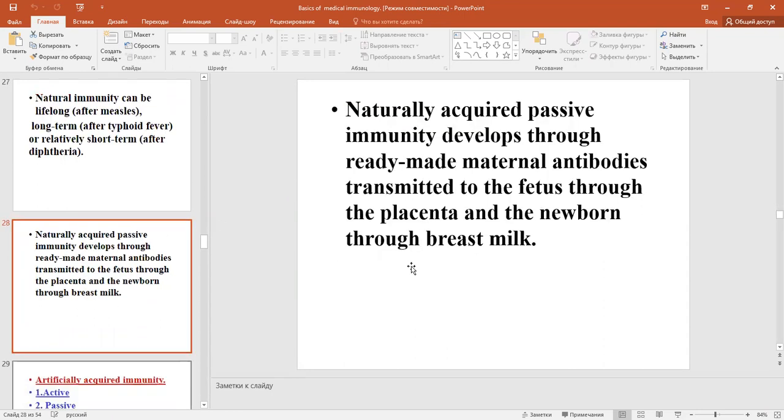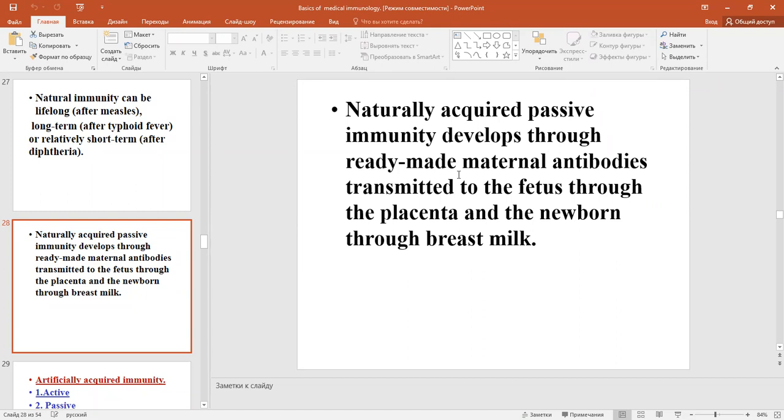Okay, then naturally acquired passive immunity develops through ready-made maternal antibodies transmitted to the fetus through the placenta and then to the newborn through the breast milk. It is natural, but it is a quite passive immunity, because the fetus and the newborn get ready antibodies from the mother's body, and the immune system is still passive.